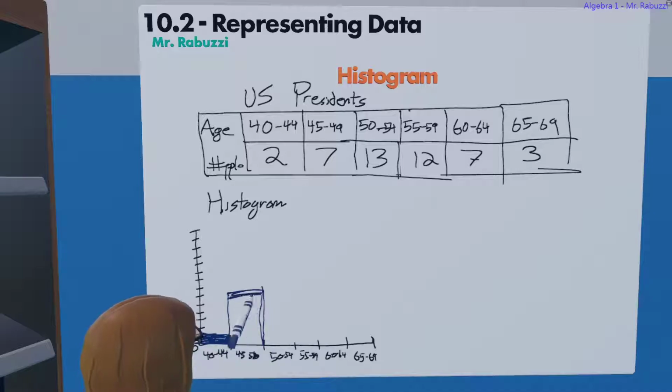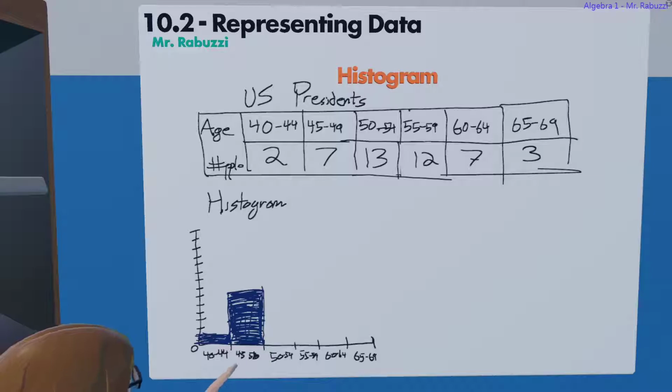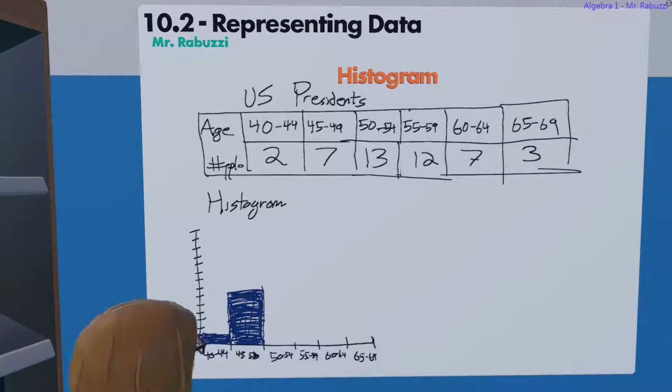So do you see now that my bars are touching each other this time because they fill in the whole space? They fill in this interval, this group right here. Our group is 45 to 49, and our bar fills the whole thing. On a bar graph, it's a category, so it stands by itself. Okay, 50 to 54, this one goes up to 13, so this was 7, 8, 9, 10, 11, 12, 13.